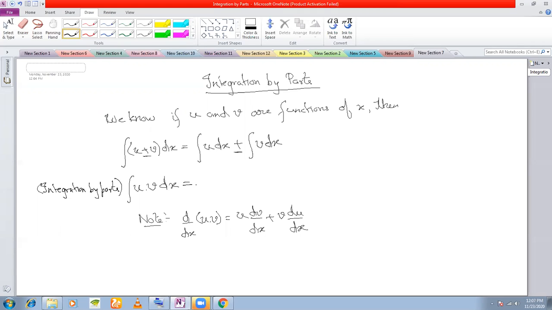U is called the first function, and v we call the second function. You remember it in this way: first function into the integral of the second function.